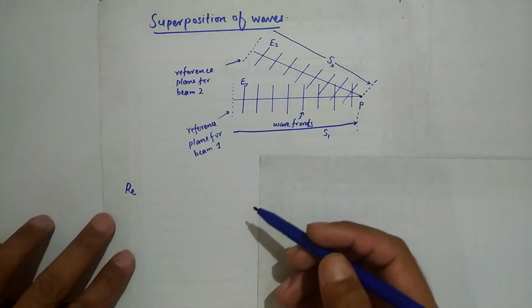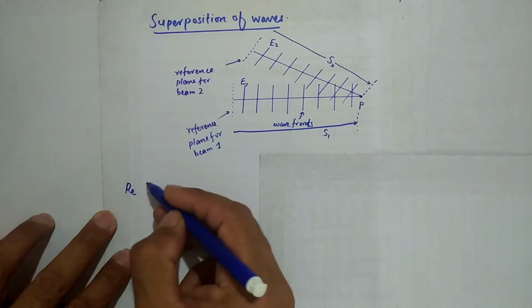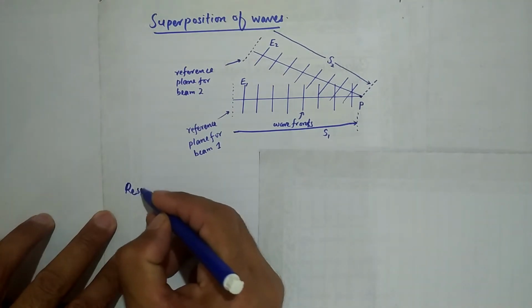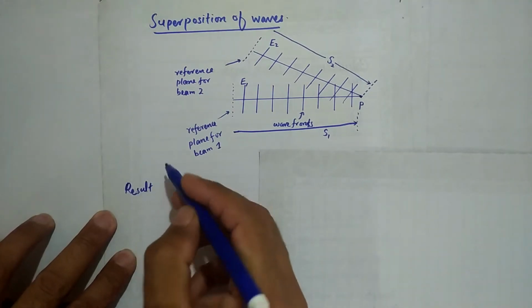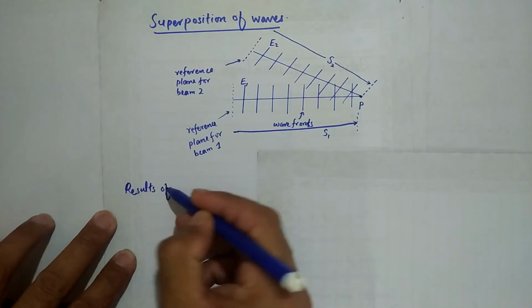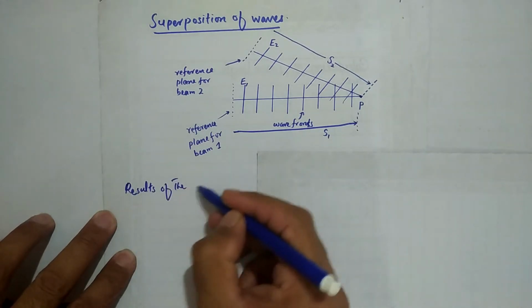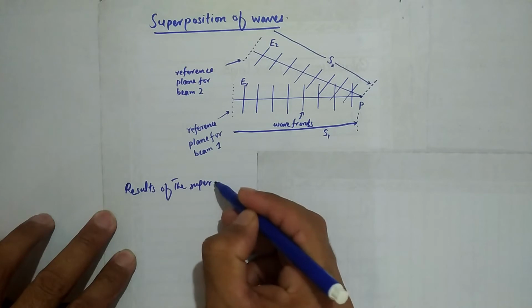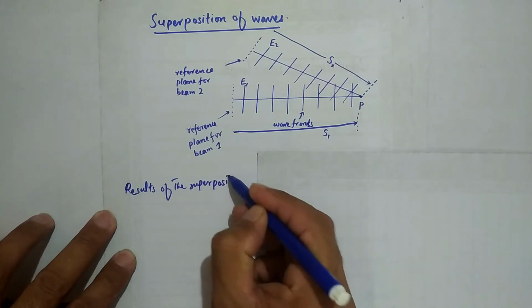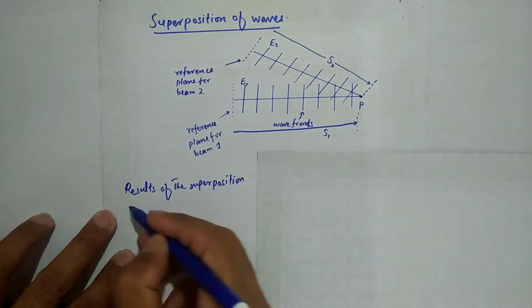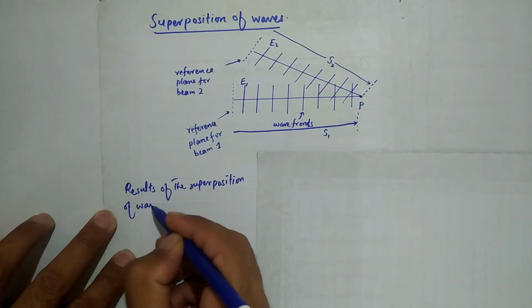So the first situation is where two waves arrive together. We are going to discuss now the results of the superposition of waves.